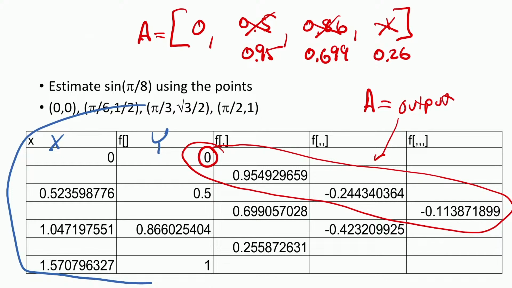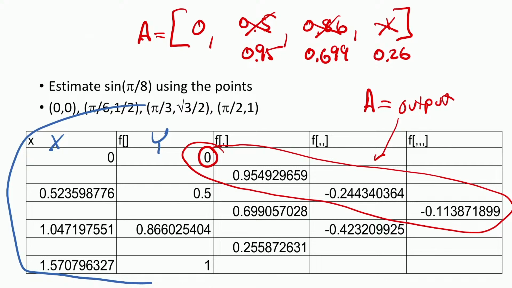I don't care that the 1 has disappeared, because when I compute the next one, I'm going to use these two numbers, and I'm never going to use that 1 again. Now I'll compute these, take my answer and stick it where that 0.866 was. And then finally, I'll compute this and stick it where the 0.5 is.